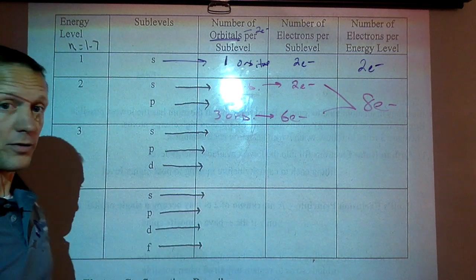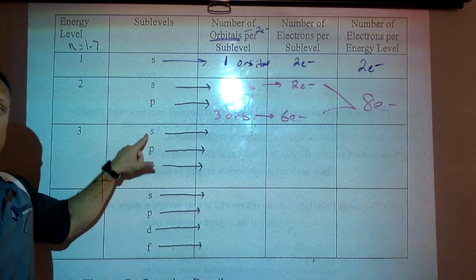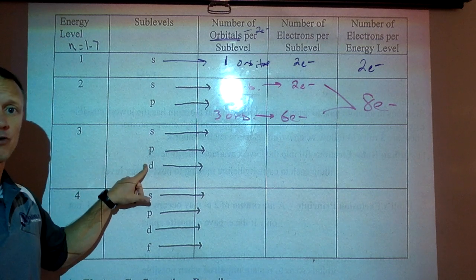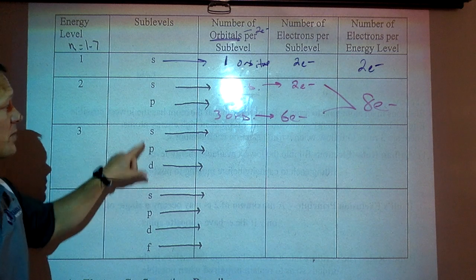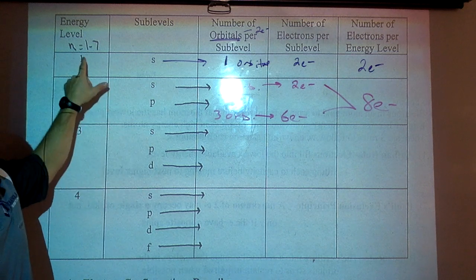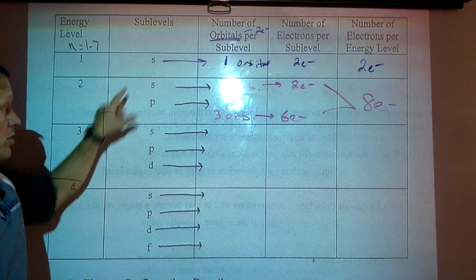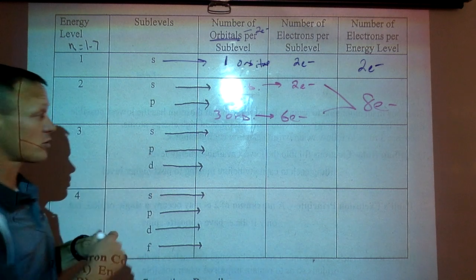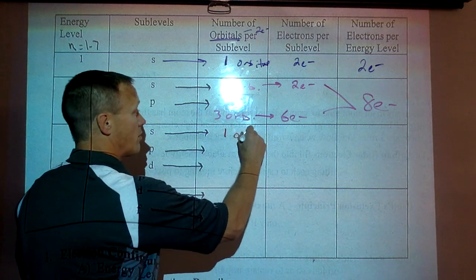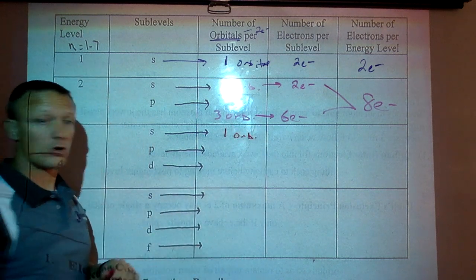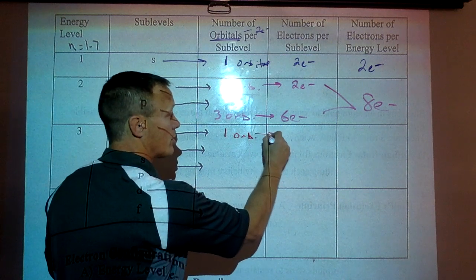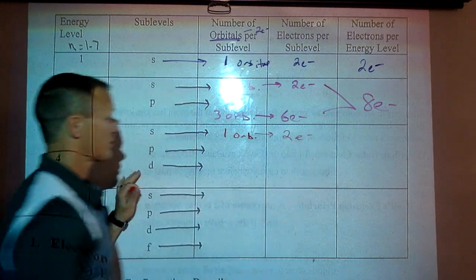The third energy level is a little bit bigger. The third energy level has an S, a P, and a D sublevel. So it's got 3 sublevels: S, P, and D. Just like an S sublevel in the second energy level has 1 orbital, an S sublevel in the third energy level also has 1 orbital, which holds 2 electrons.